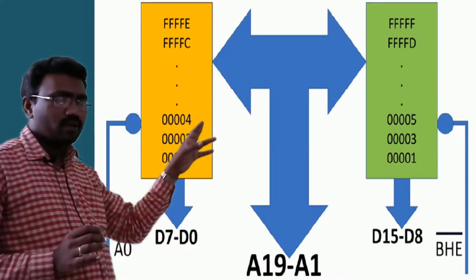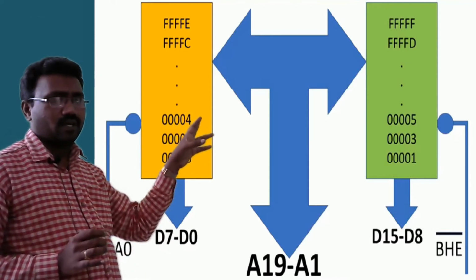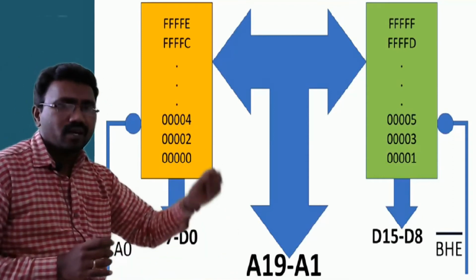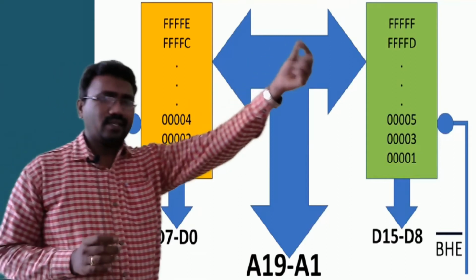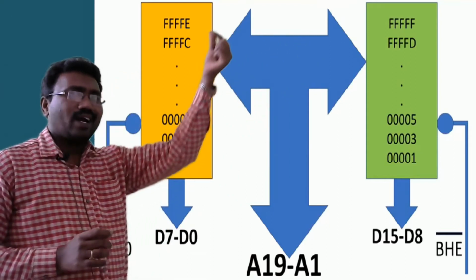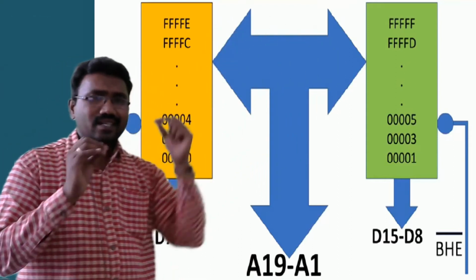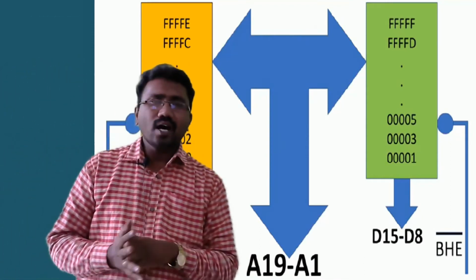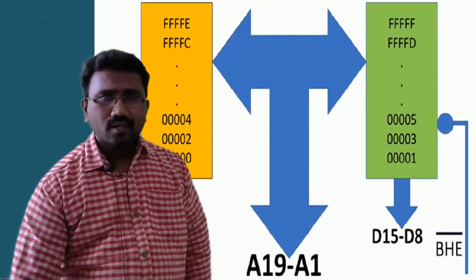It is 0, which enables the even bank. The remaining A1 to A19 are common for address 2 and address 3, so address 2 and address 3 are selected simultaneously. That's about the physical memory organization of the 8086.